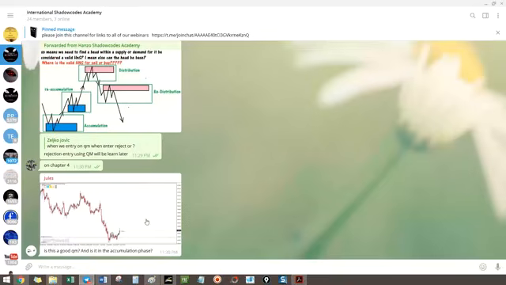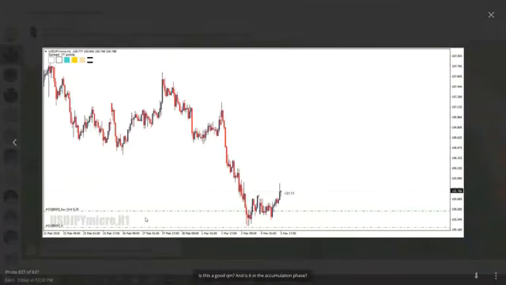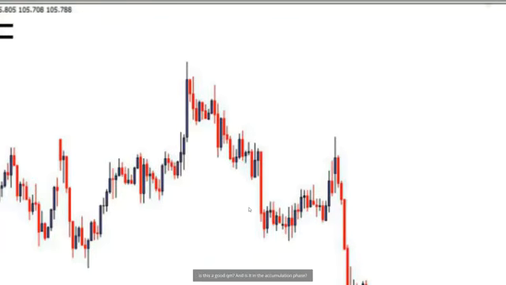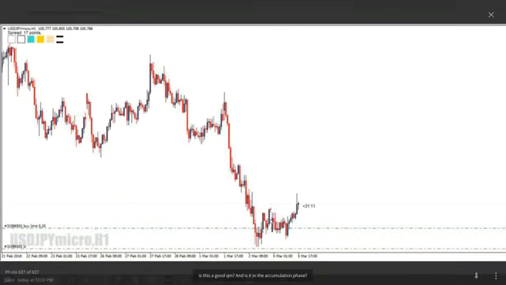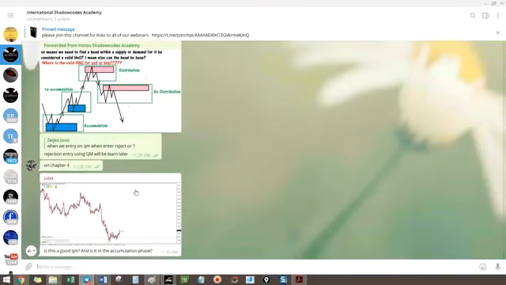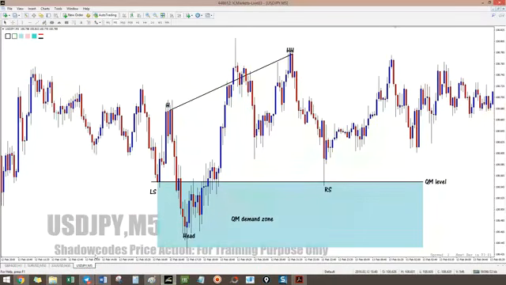Is this a QM and is it in accumulation? Which one? Are you sending this one or this one? It's already broken. We can find a buy setup actually. USD JPY or this one.